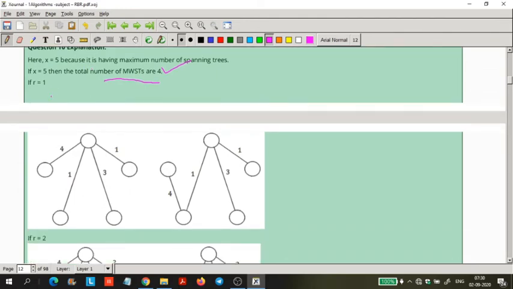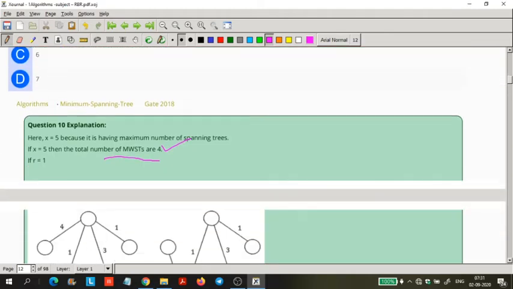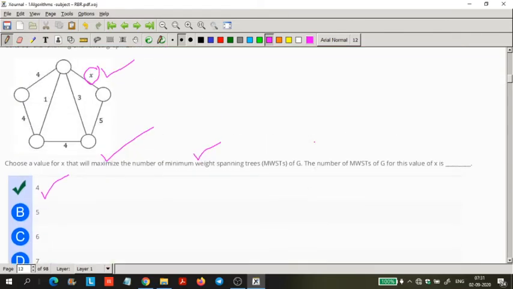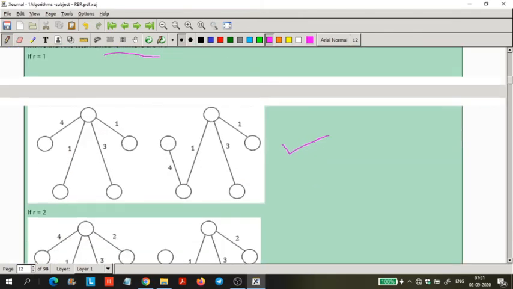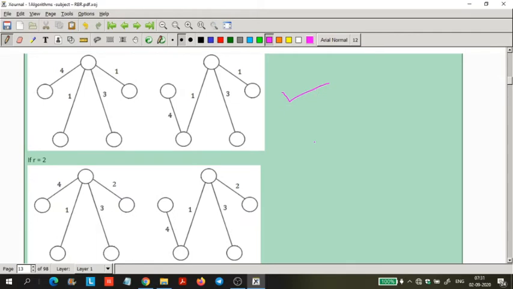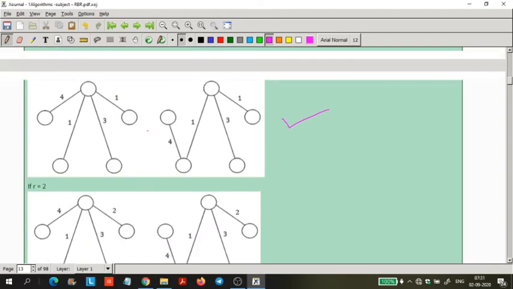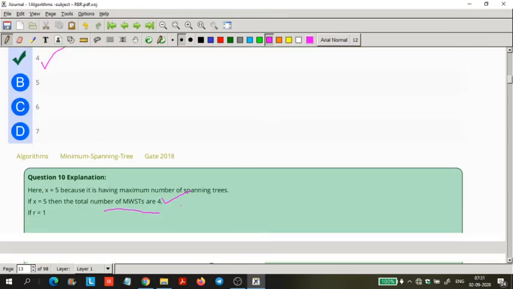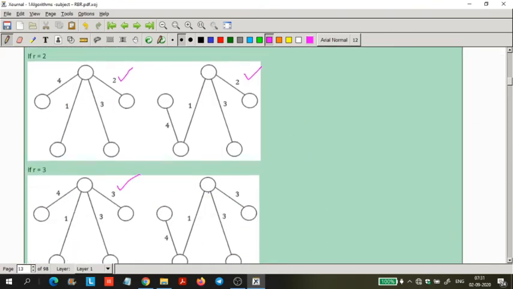If r is equal to 1, this is the diagram. If r is equal to 2, if r is equal to 3, this is the diagram.